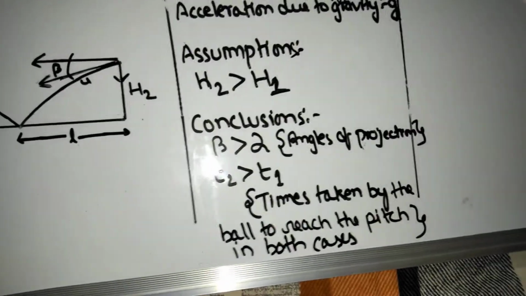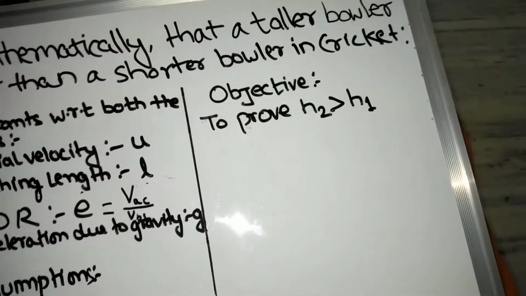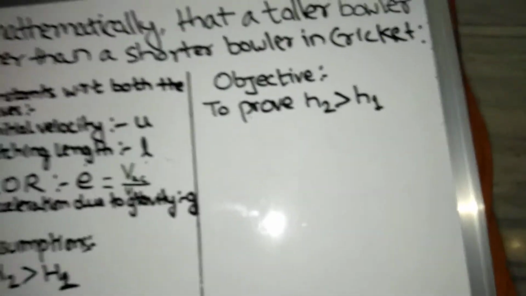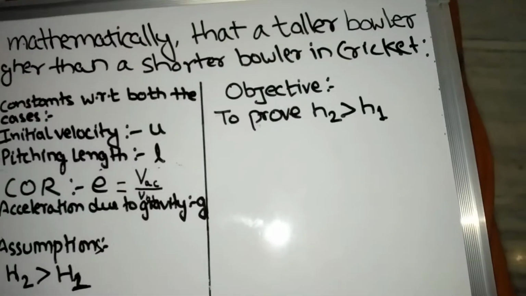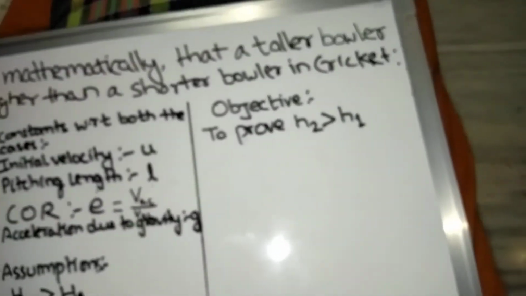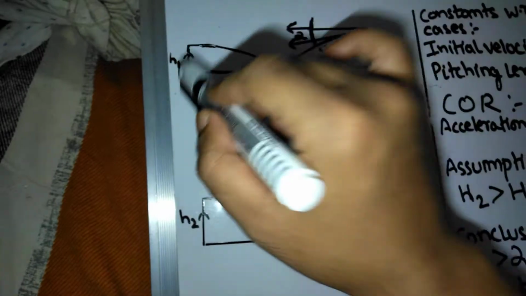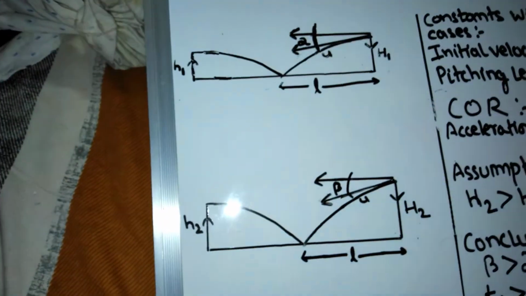Now, let's see what our objective is. Our objective is to prove H2 is greater than H1. H2, which is the height of the bounce in case 2, must be greater than H1.